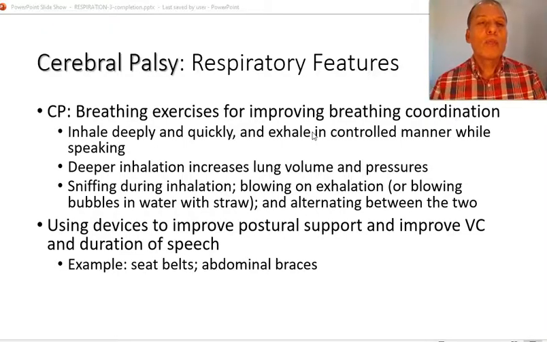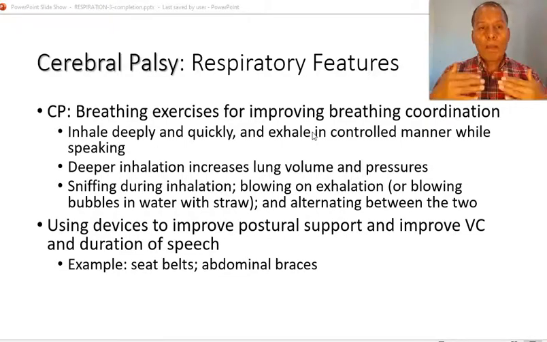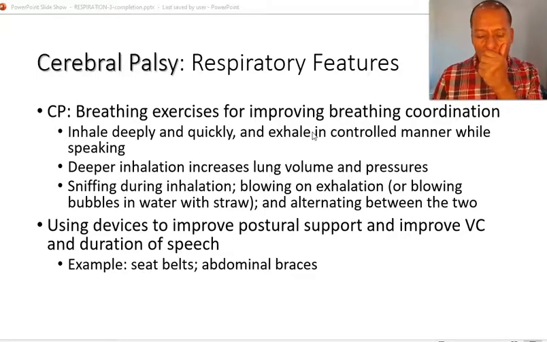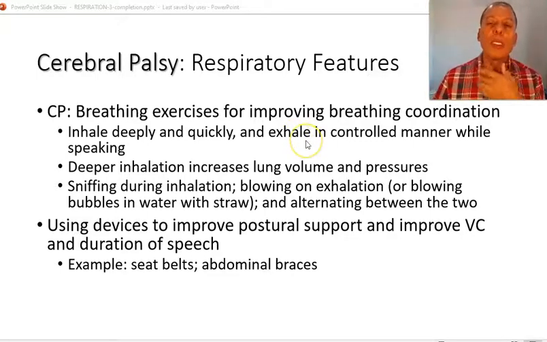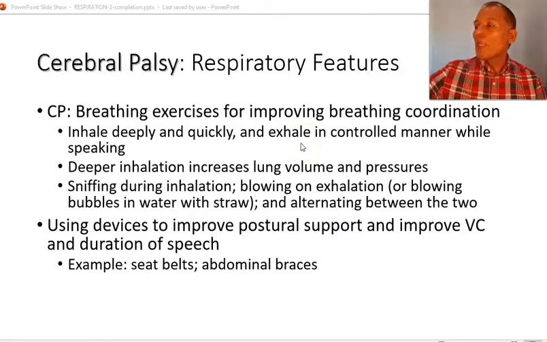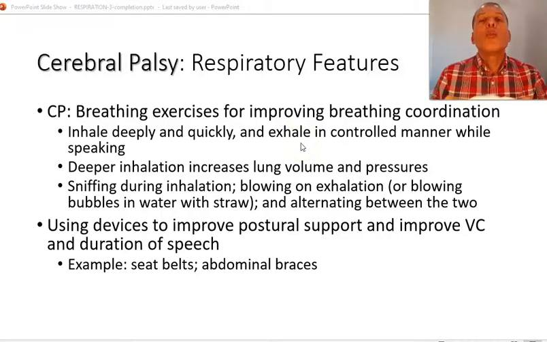This involves inhaling deeply and quickly, then exhaling in a controlled, slower manner, because one of the problems, for example, is that the person expels air quickly.